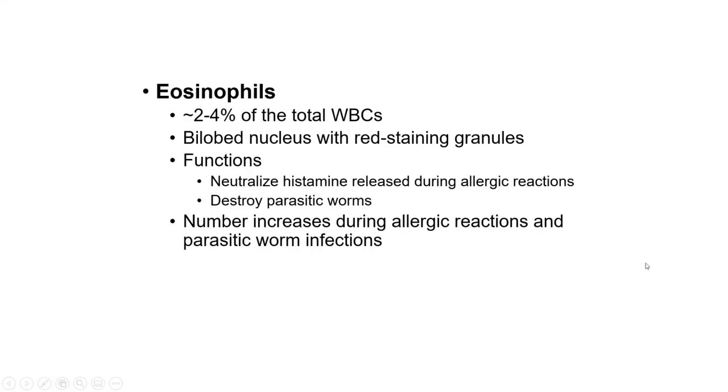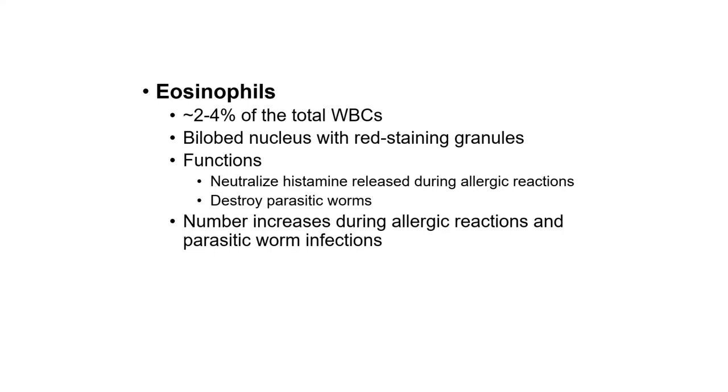The eosinophil. These are harder to find in a blood film because there's not as many of them. They're only 2 to 4% of the total white blood cell count. They have a bilobed nucleus with red staining granules. They function to neutralize histamine, so they deal with allergic reactions.